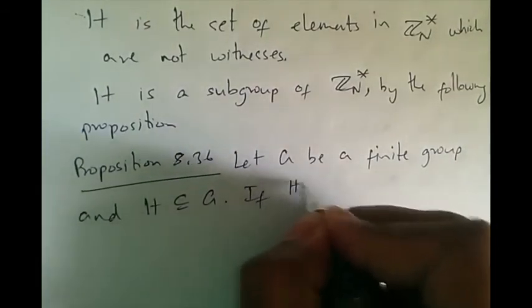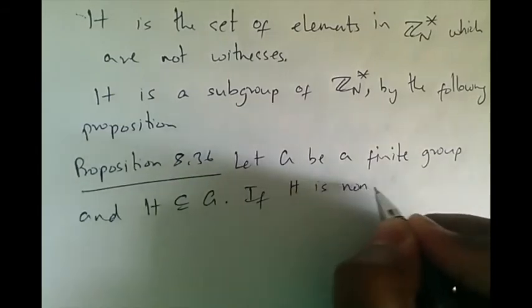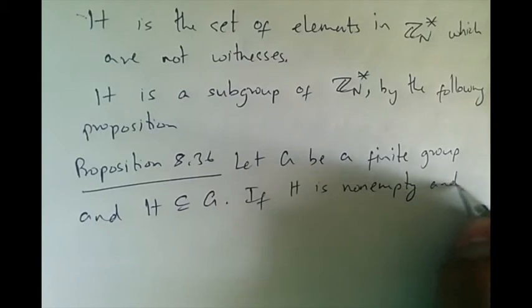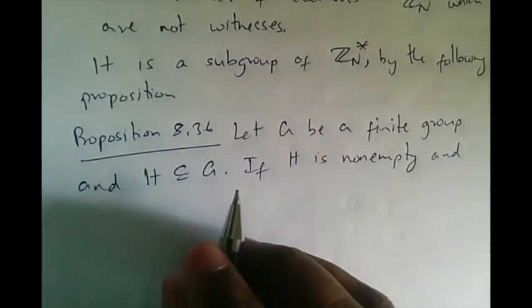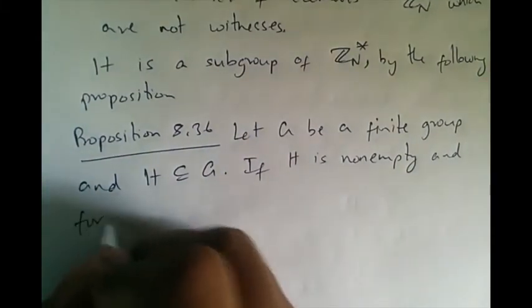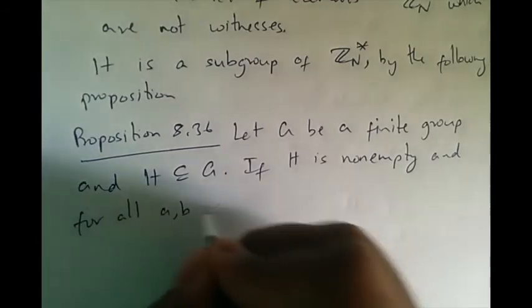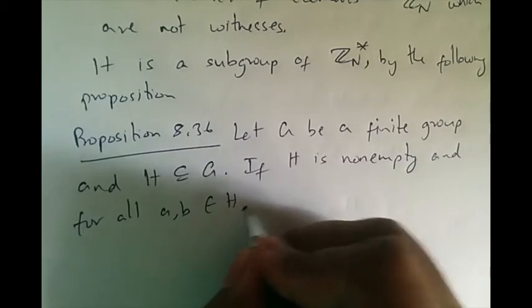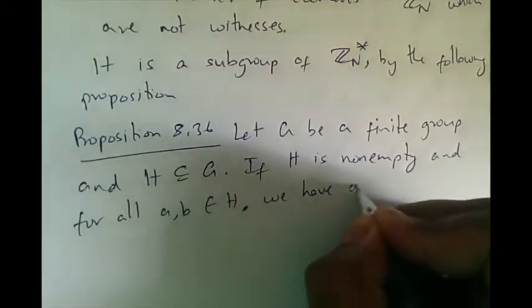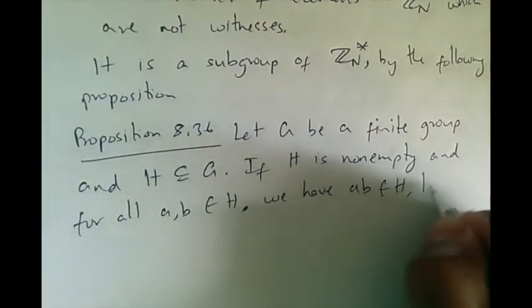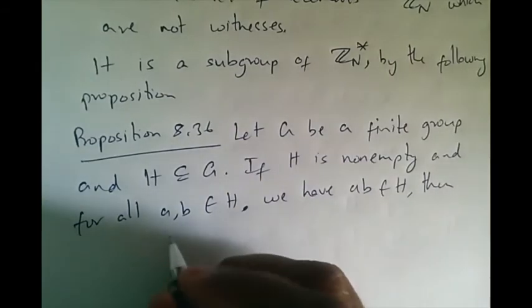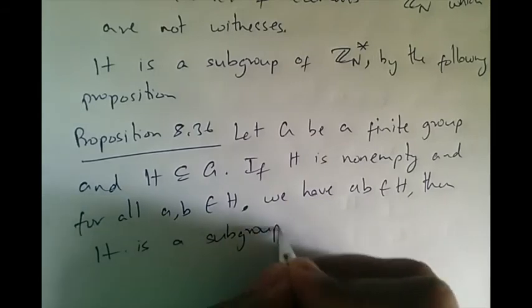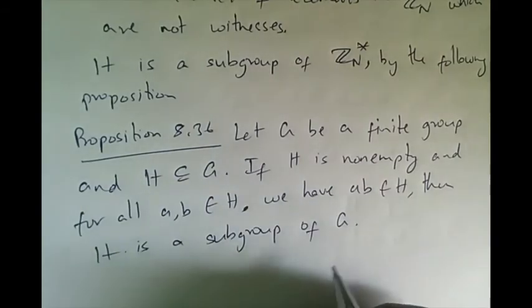If H is non-empty and closed under the operation, that is, for all A, B in H we have A times B in H, then H is a subgroup of G. Okay.